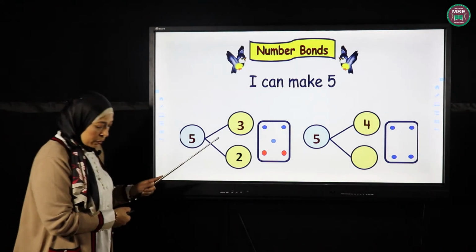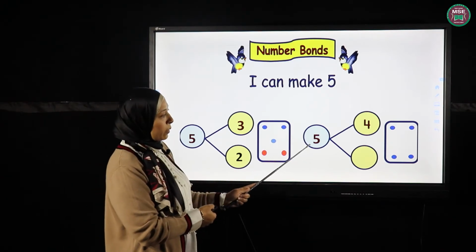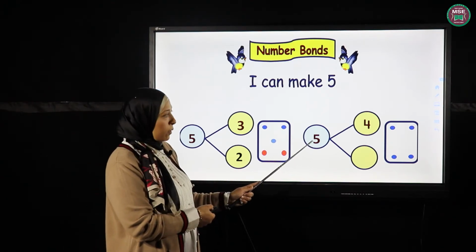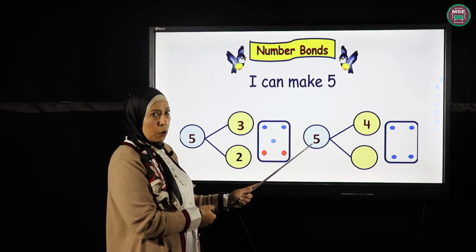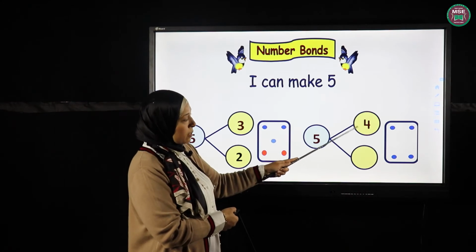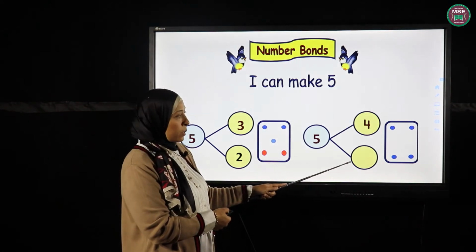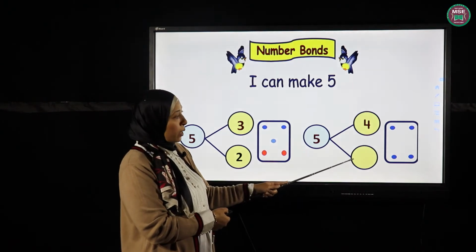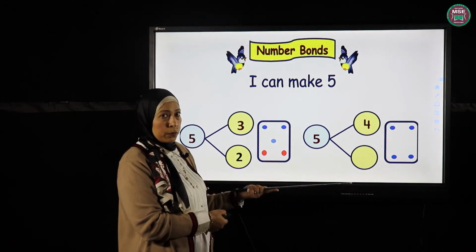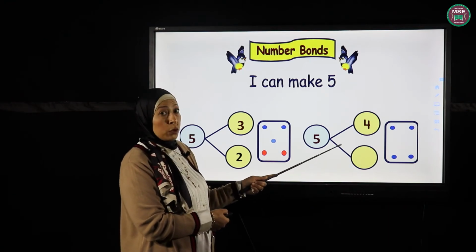Okay, let's do another one to make sure you know how to do it. Also here, look at the whole part, it shows number 5. So this means I'm gonna make a whole number 5. What about the parts? The first one has number 4 and the second one has no number, it's empty. I want to know what to write here. What can I do? Yes, I can hear some of you saying we are gonna draw dots.